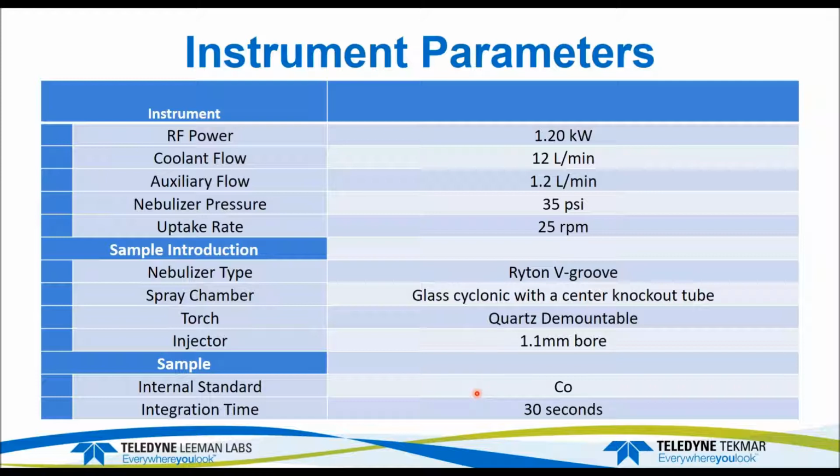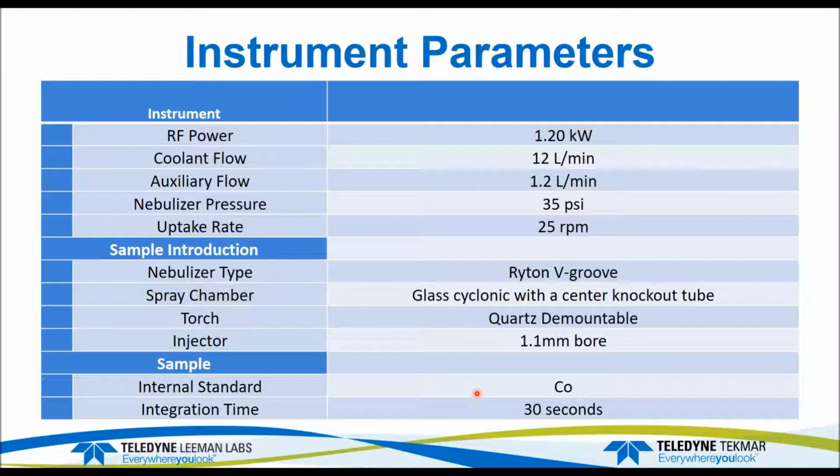Since we did the crude, the fuel oil, and the diesel all on the same method, we used an internal standard. We put 5 ppm of cobalt in the kerosene and monitored that to correct for any viscosity differences, because the 1 to 10 dilution on the crude may actually have to be a higher dilution than that.